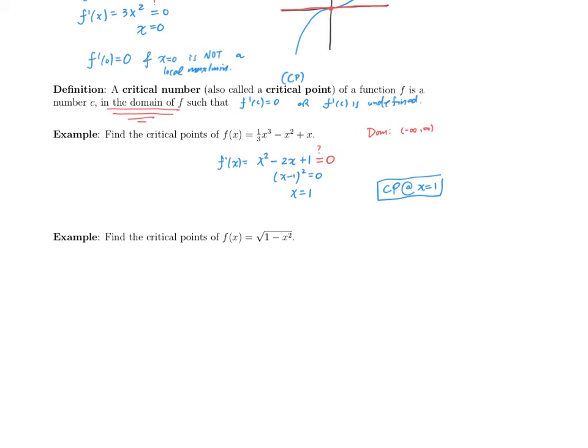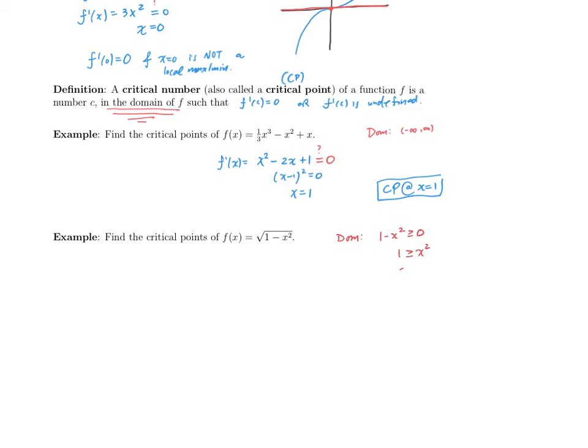With one example under our belt, let's move on to the second example. We're given another function. I will get us started. Let's just think about the domain of this function. The domain would occur whenever that quantity underneath the square root is not negative, which means whenever 1 is bigger than or equal to x squared.